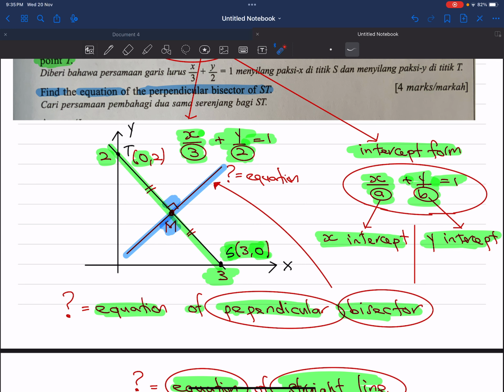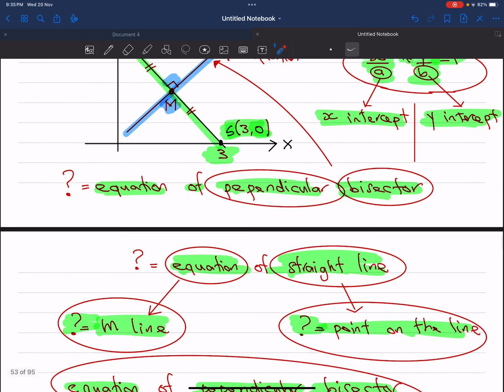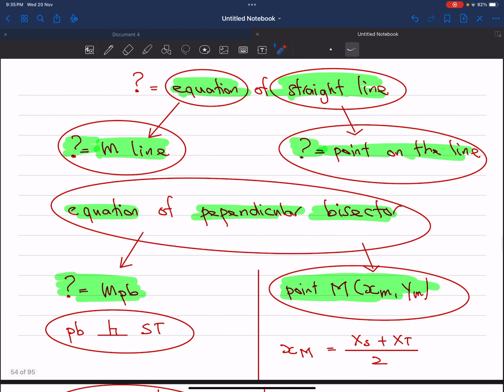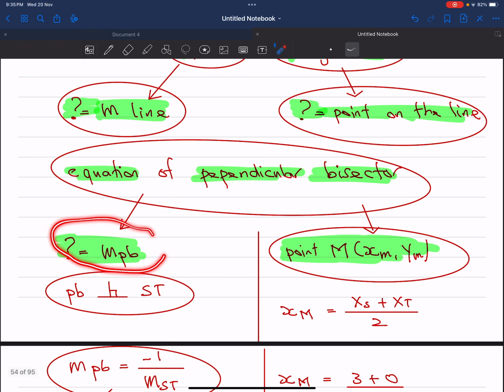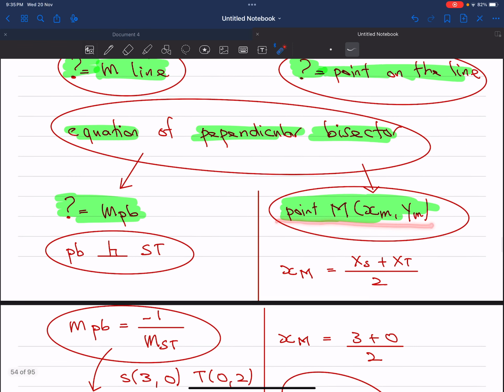So this point must be the midpoint. So now to find the equation of the perpendicular bisector, we need the gradient of the bisector and a point on that bisector, which is the midpoint. I label it xm, ym.